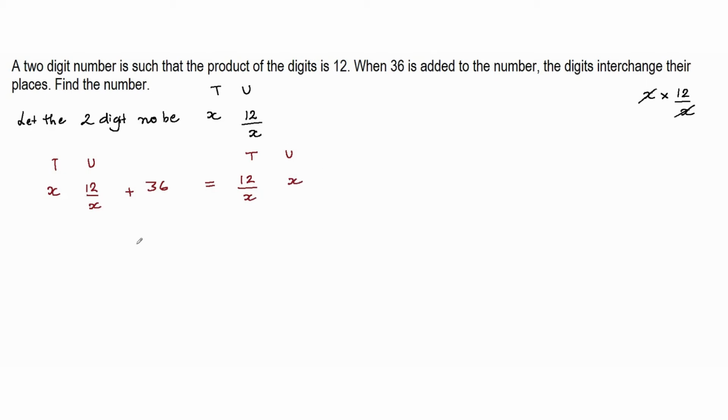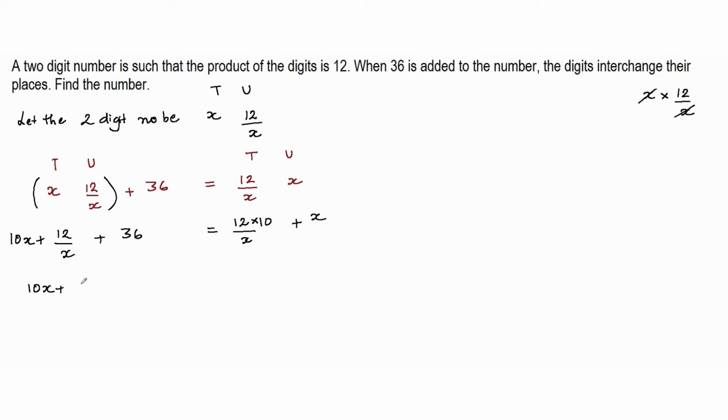And therefore the equation that I can now build is, the value of this number is 10x because x is in the tens place, plus 12 upon x, that is in the units place, plus 36 is equal to 12 upon x in the tens place, so its value becomes 12 upon x multiplied by 10 plus x multiplied by 1.